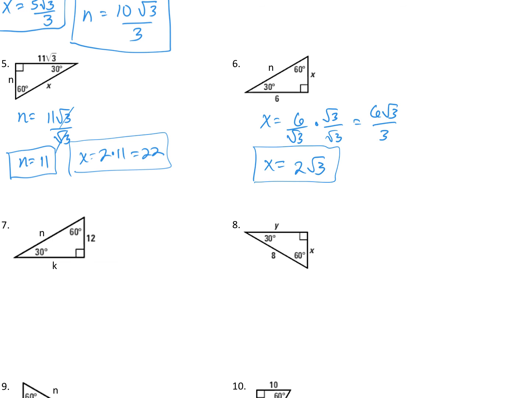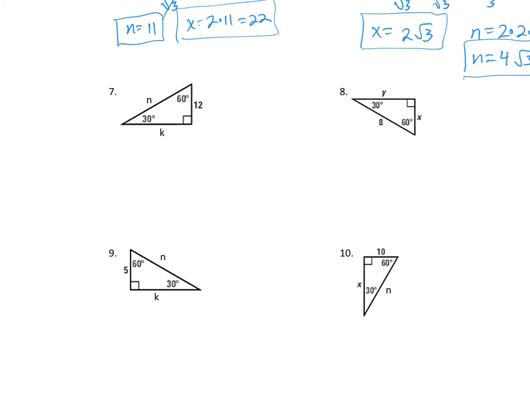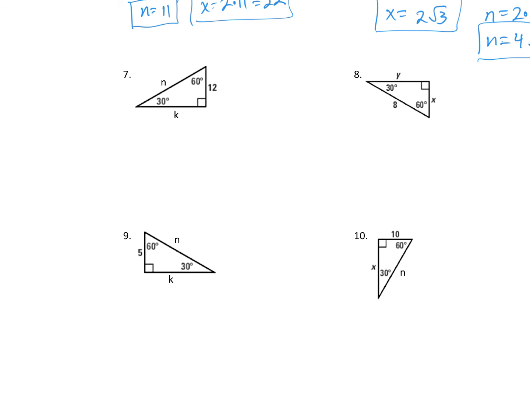My n is twice that length, so n is 2 times 2 root 3, which is 4 root 3. My number 7, keep going. So here this is 12. K then equals 12 root 3. N should equal twice that, so 24.